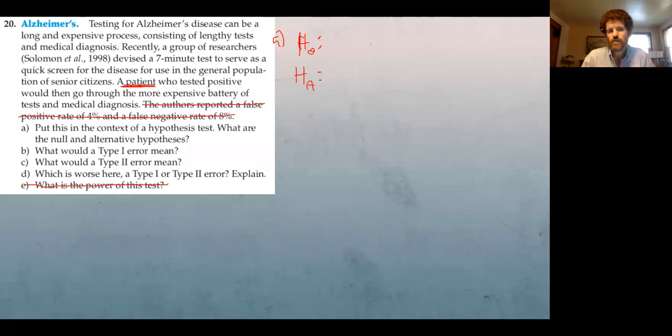What is the no change scenario for a patient after they take the 7-minute test?